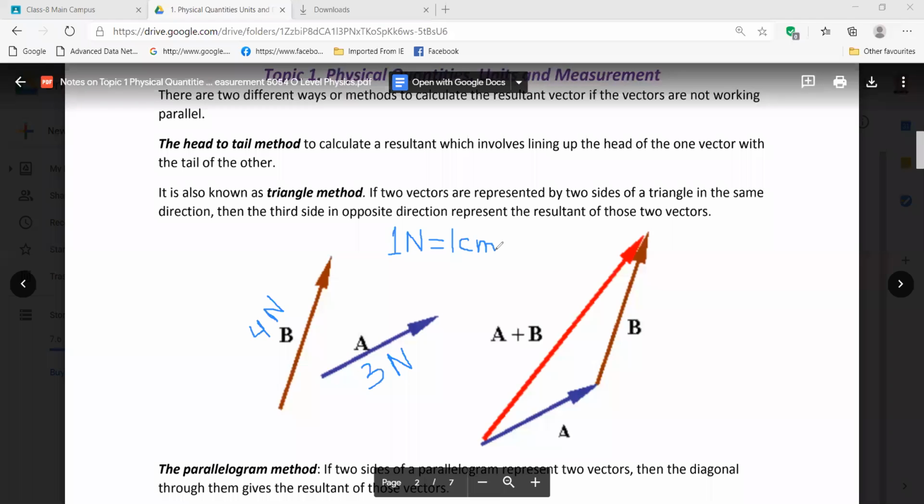And one thing will be given, that is the magnitude of the vectors. That is a must. So if you have this information, then you can make it.